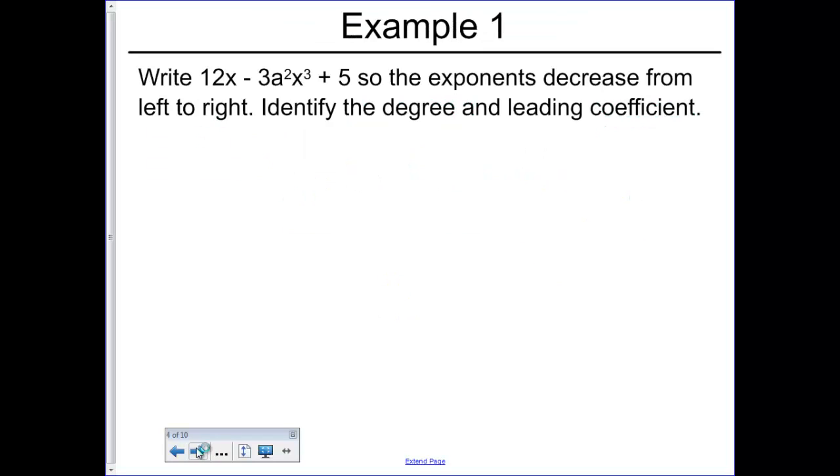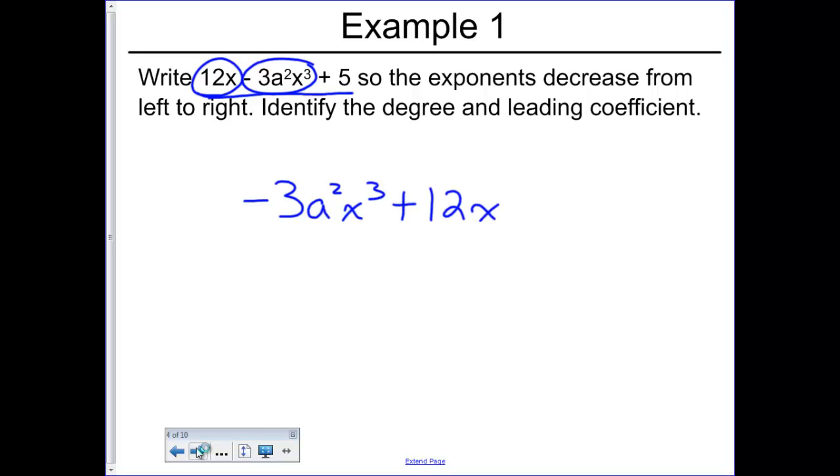Example 1. We want to write this expression so the exponents decrease from left to right, and we want to identify the degree and the leading coefficient. Well, this one right here appears to have the most exponents, so I'm going to write that first. Be sure to include the negative sign, negative 3a squared x to the third. The next one would be the 12x. That's a positive 12x, so I'm going to attach it with a plus sign, so plus 12x. And this last one is a positive 5, so I'm going to attach that with a positive 5.